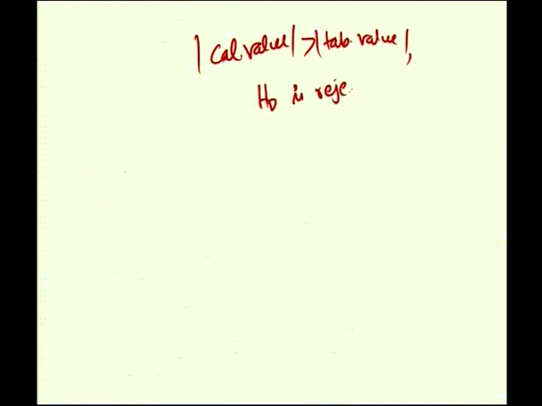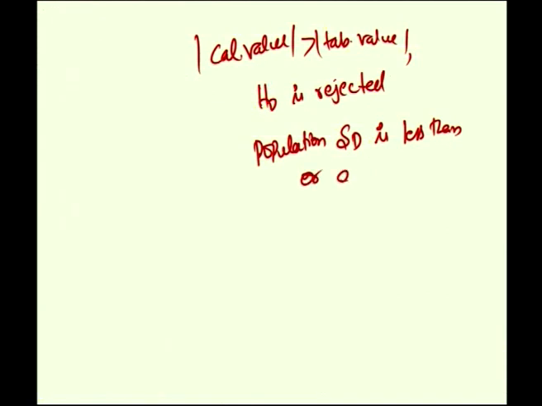In the sense H1 is accepted, we say that the population standard deviation is less than or equal to 15. That is the conclusion.